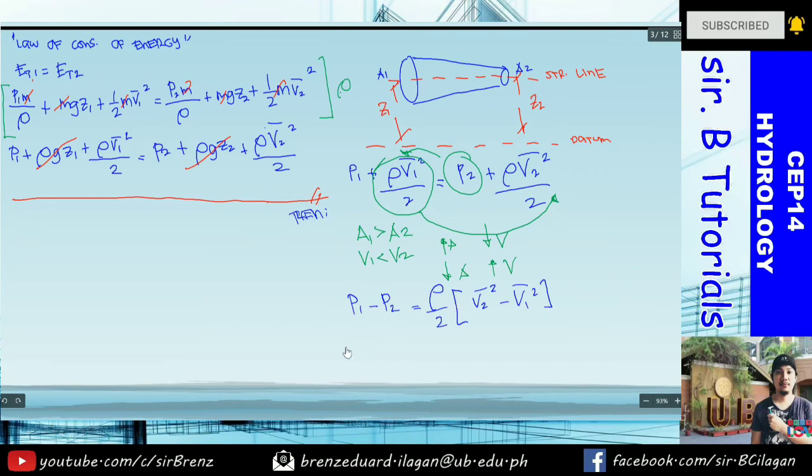And based on this equation na na-produce natin, anong nangyari dyan, if yung pressure mo, ayan, so yung P1 mo will be greater than doon sa P2. So again, kapag malaki yung area, maliit yung velocity, pero yung pressure niya will be greater. And then, kapag pagliit ng area mo, syempre, pagbilis ng velocity, pero yung pressure na nangyari dyan is mas maliit.